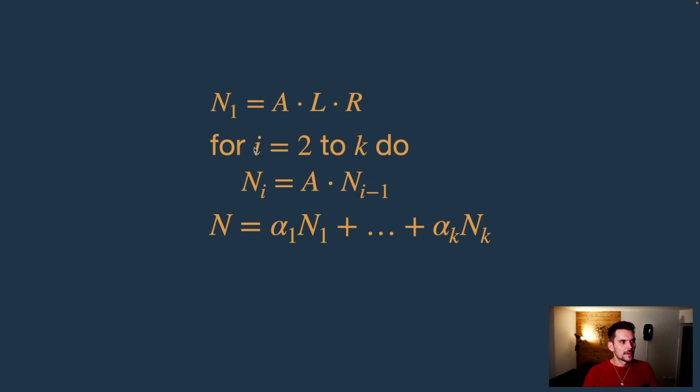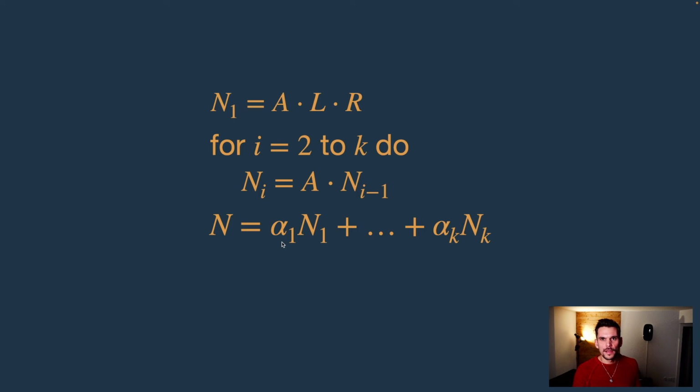And then for i equals 2 to K, we just apply A from the left to the matrix from the previous step. And we end up with a new matrix Ni for each step. And then the final result is basically the combination of the random projection matrices from all of the steps.